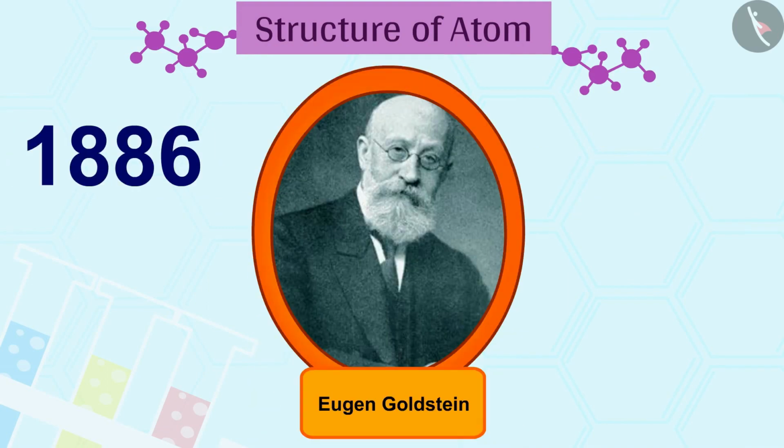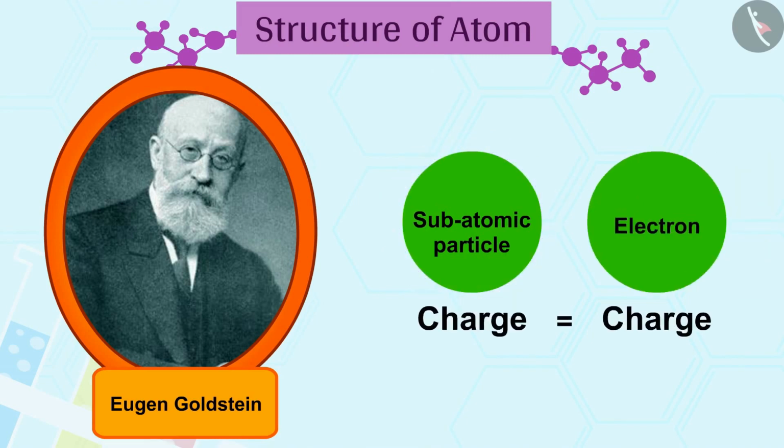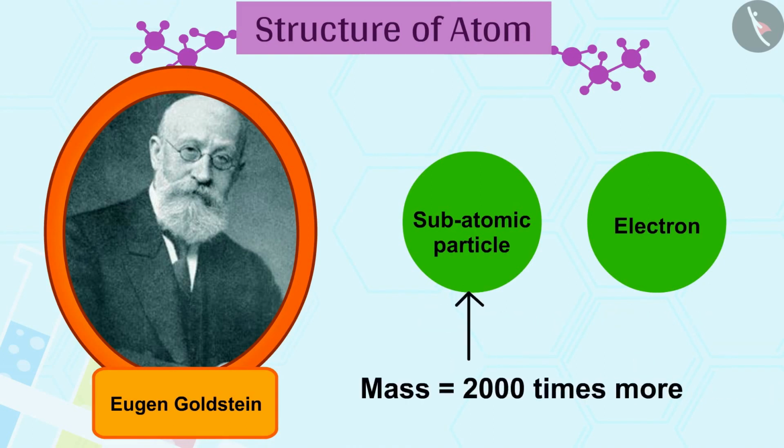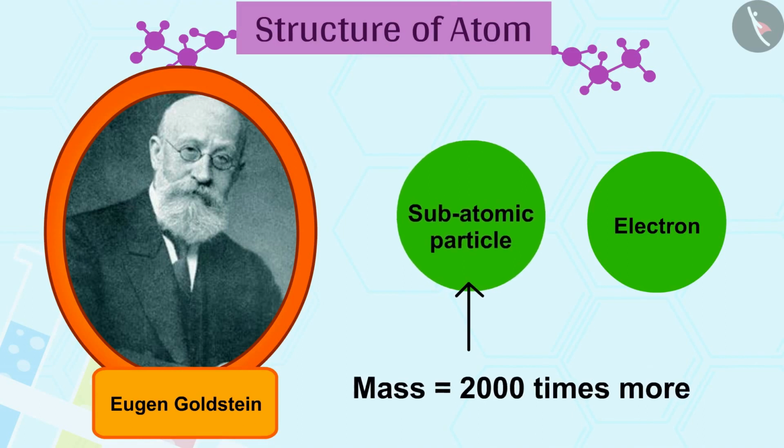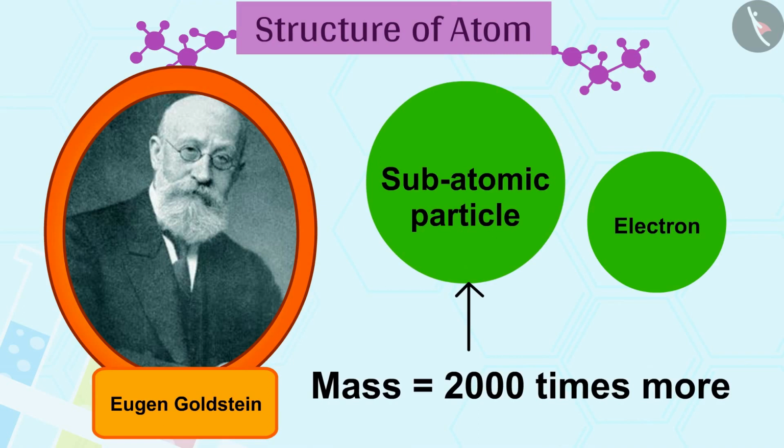In 1886, E. Goldstein discovered another subatomic particle whose charge was equal to, but opposite to, the charge of the electron, and the mass was approximately 2000 times more than the electron. These particles were named protons.